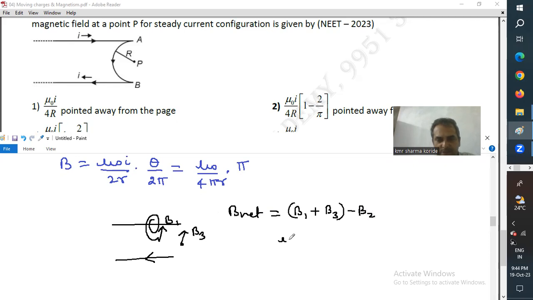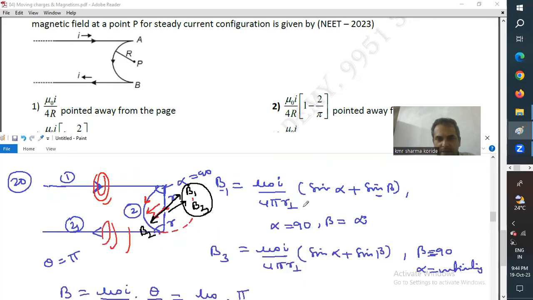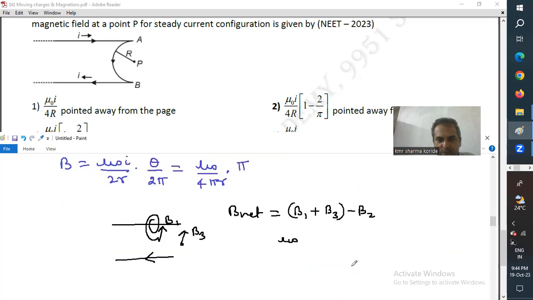Yeah, B1 expression is, since here 90, sin 90 is 1 only, so you will be remained with mu naught I by 4 pi r perpendicular. Here alpha 90. So therefore again, here also you'll get the same expression, mu naught I by 4 pi r perpendicular. So this is B1. Similarly B3 also mu naught I by 4 pi r, minus B2.